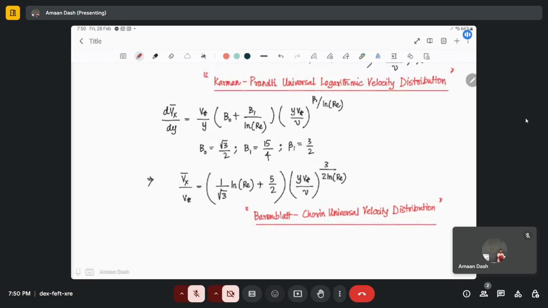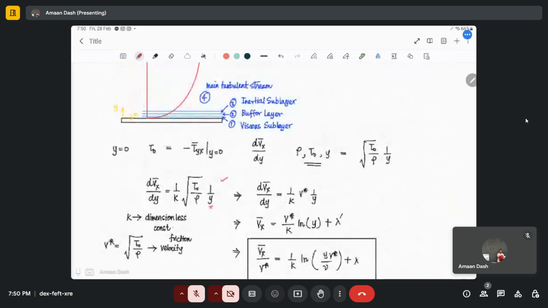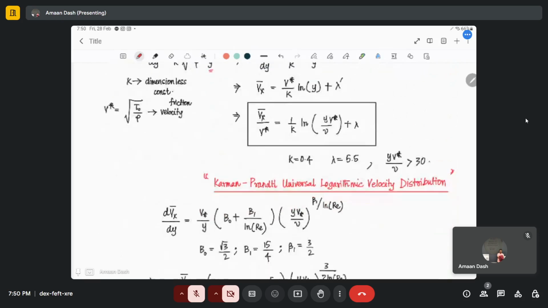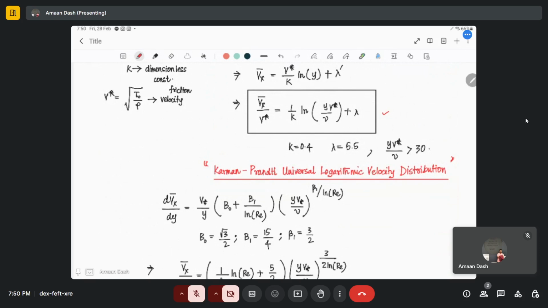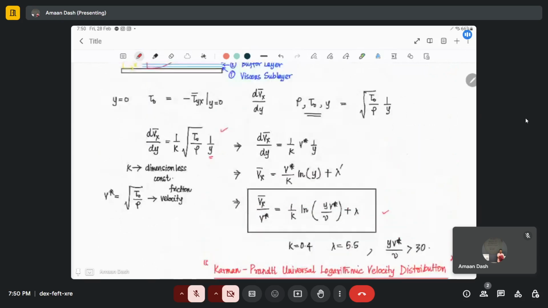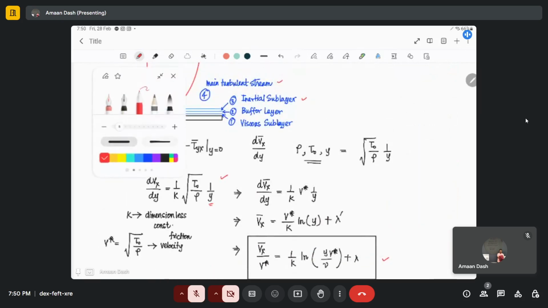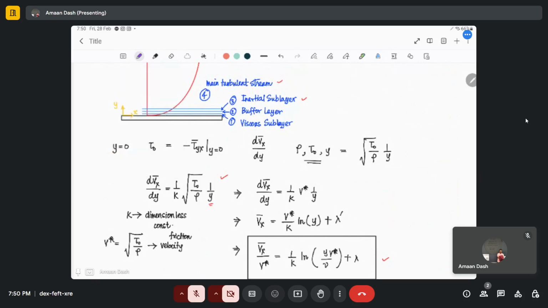And this distribution could explain the inertial sublayer and turbulent stream in a much better way than the previous expression could do. Okay, so this was mostly for the inertial sublayer.